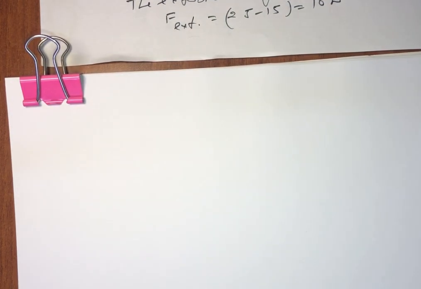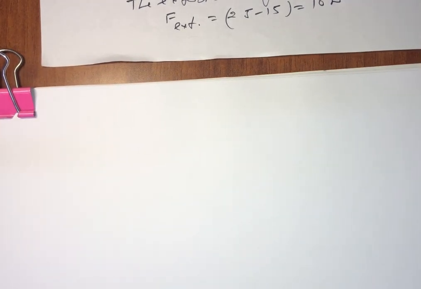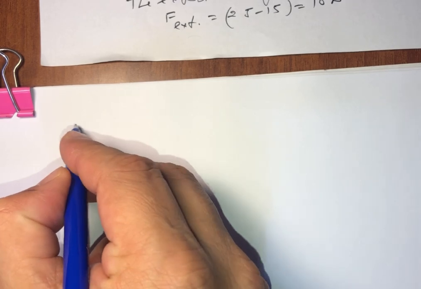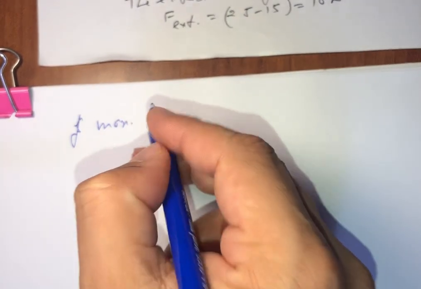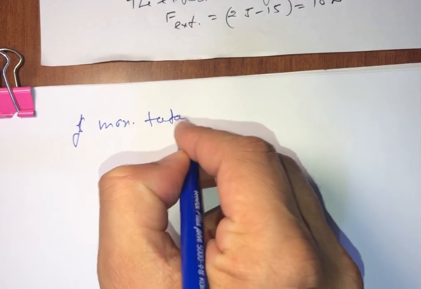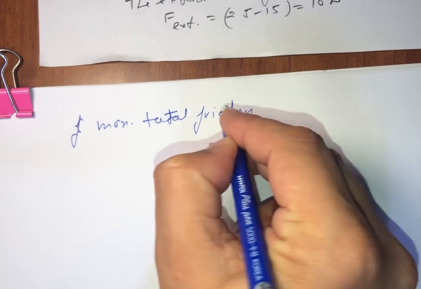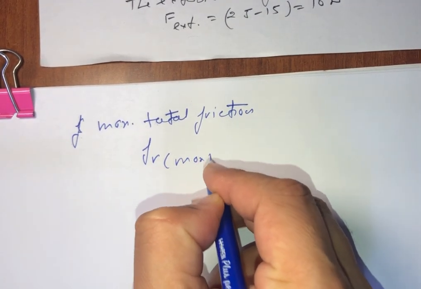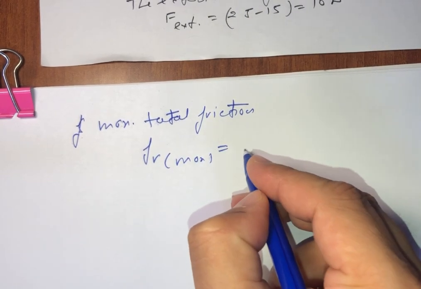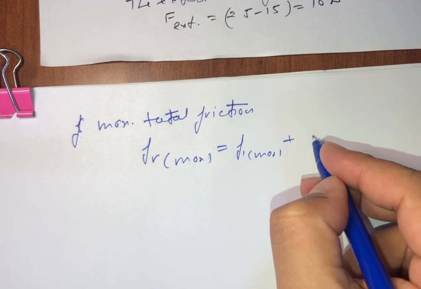Now we also find out the maximum total friction, which is denoted as Fr max, and that will be equal to the summation of F1 max plus F2 max.